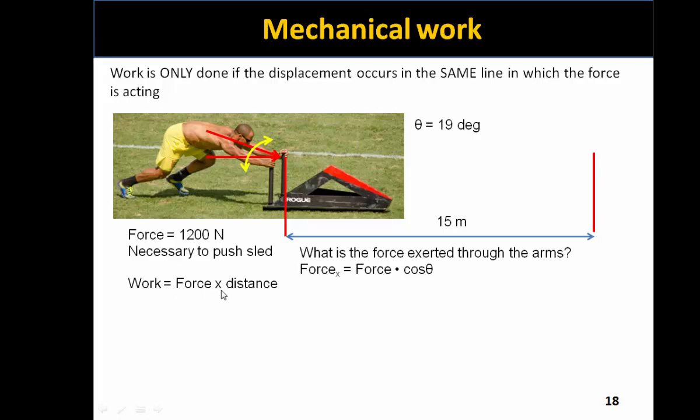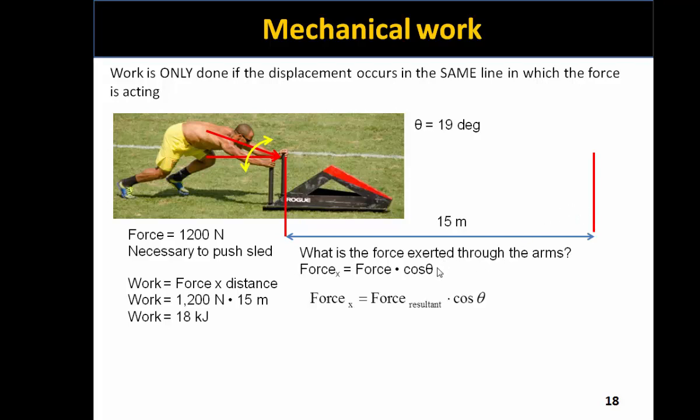So we still work with the same equation. Work is equal to force times distance. We know that it's going to require a 1200 constant newton force to get that sled to travel. So we're still looking at generating 18 kilojoules of work to get the sled from one end to the other.